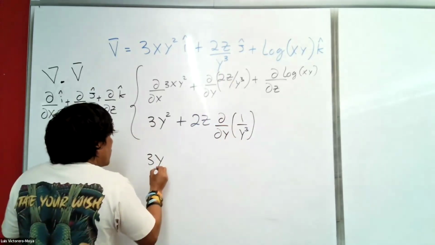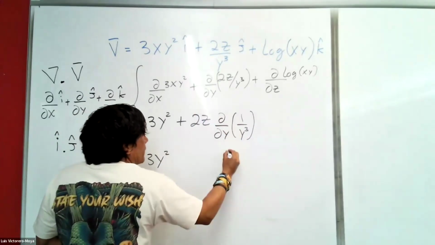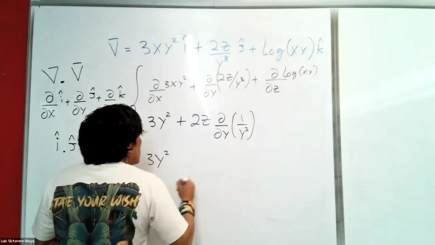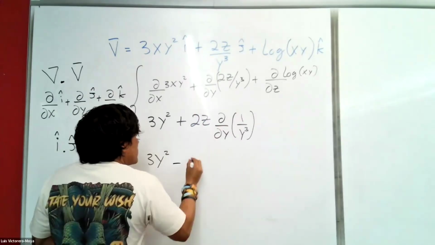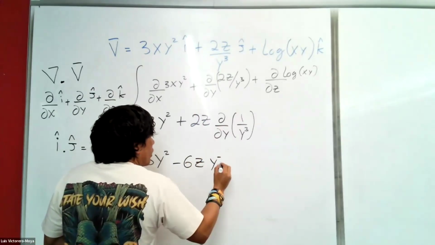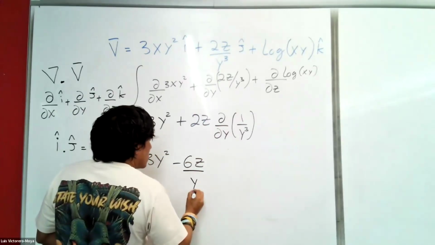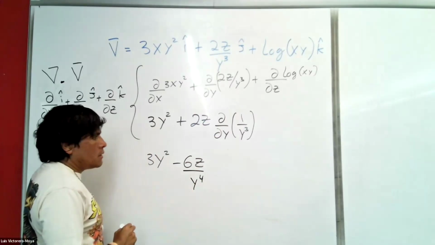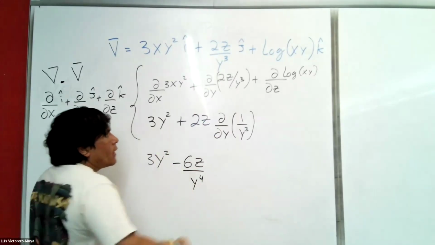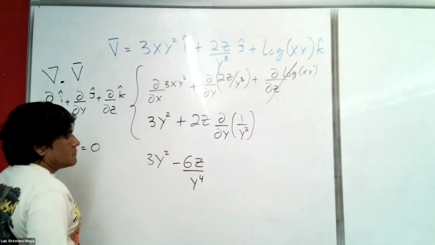The derivative of y to a power is the derivative of y to the negative 3. So that will be negative 6z y to the negative 4, or over y to the 4. It's just the derivative of 1 over y cubed. And there is no z here, so this is 0. It's just that.